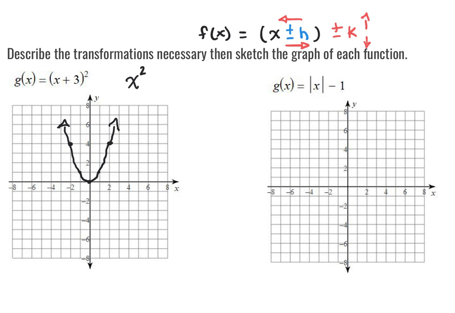So I'm going to take every point and shift it 3 units left: 1, 2, 3. So now my image in red is my new graph of my translation.